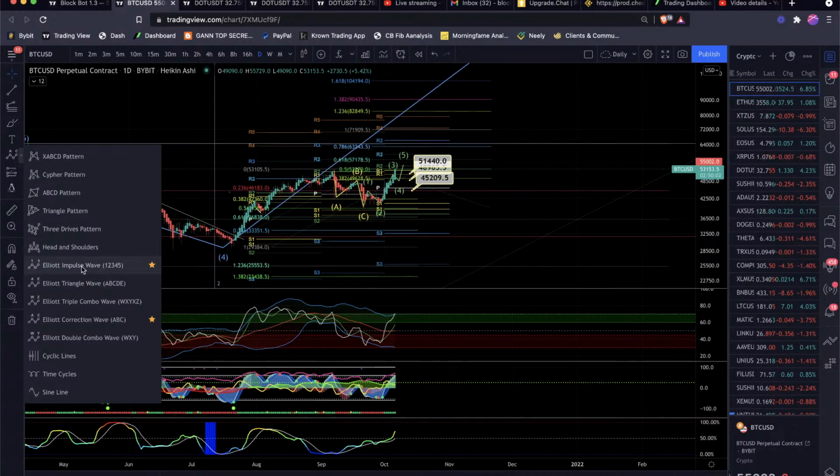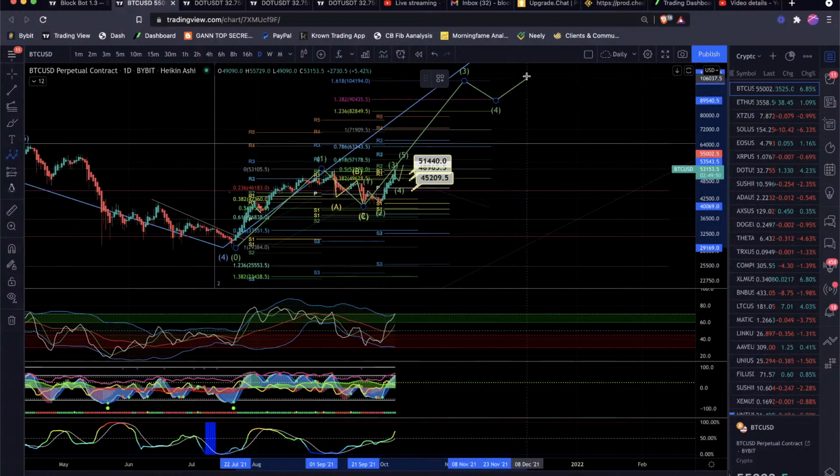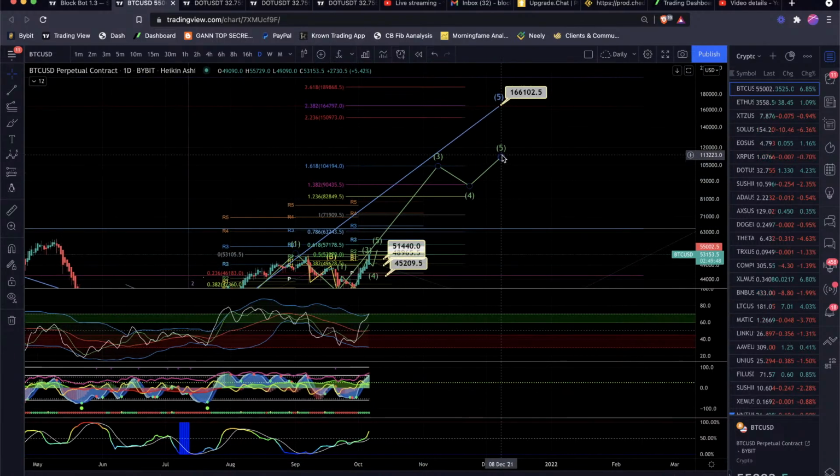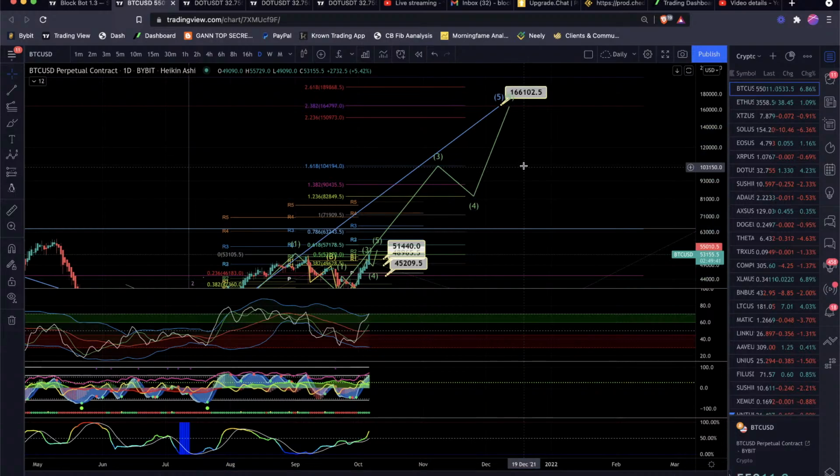So basically what we'd be looking at, this would be our wave 1, our wave 2. This would be the start, so this would be a wave 1 inside of the wave 3. So we'd have our wave 3, our wave 4, and then our wave 5 up to 166K.